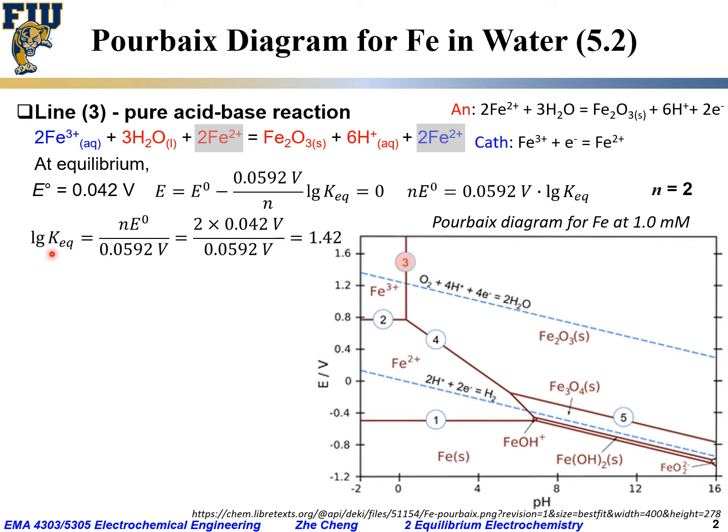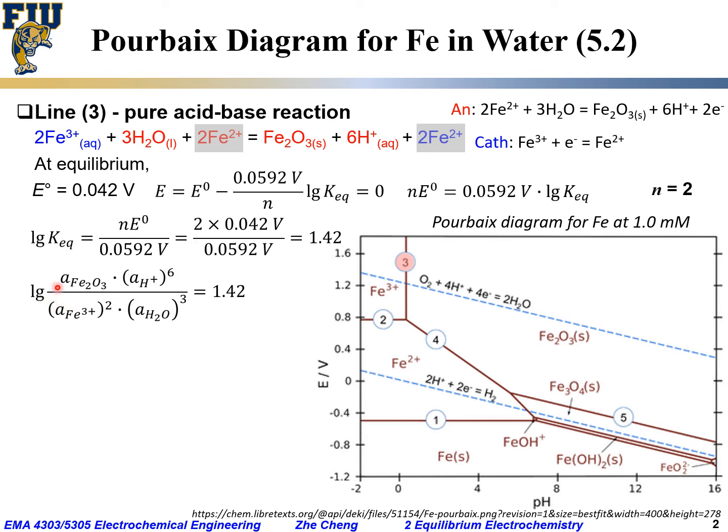Then the log of equilibrium constant would be N E0 divided by 0.0592 volt. N we said would be 2. E0 we said from earlier calculation is 0.042 volt, divided by 0.0592 volt gives us 1.42, which means the equilibrium constant, its log with base of 10, would be 1.42.